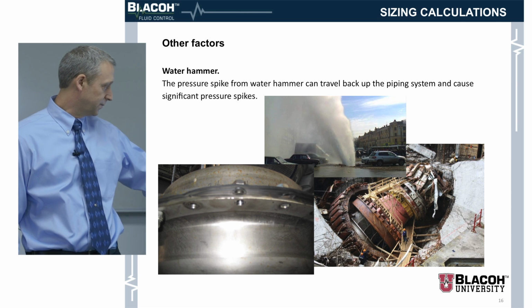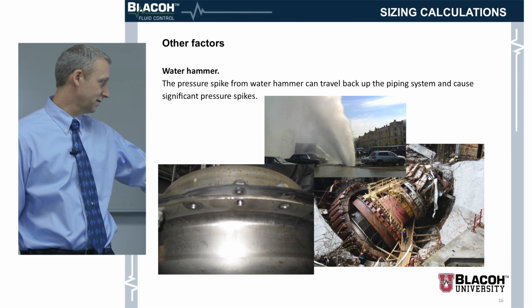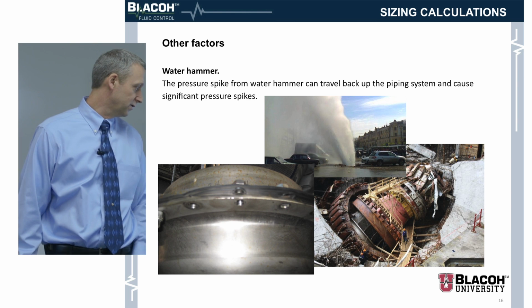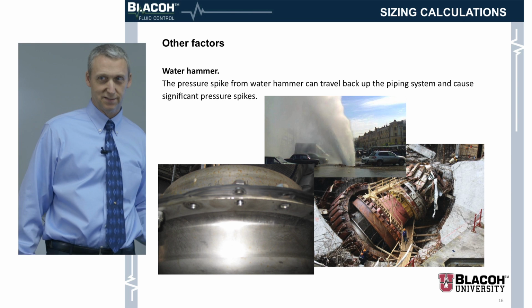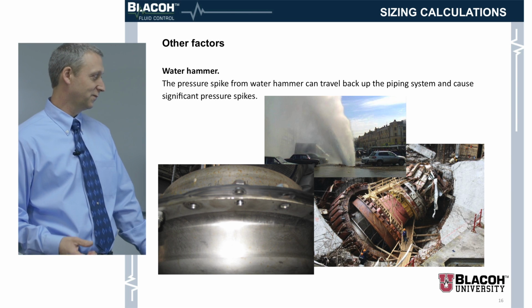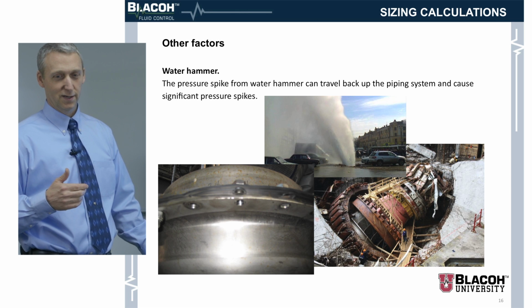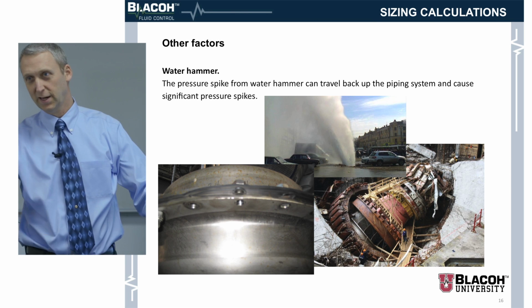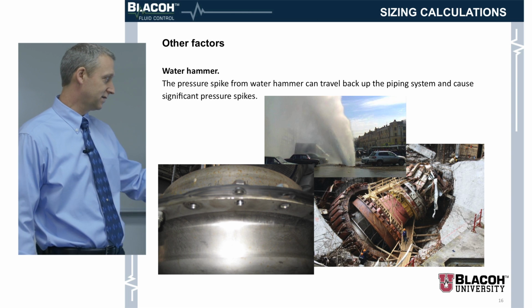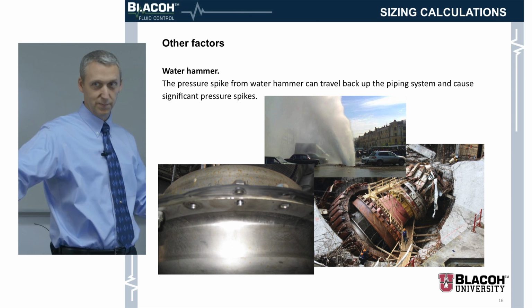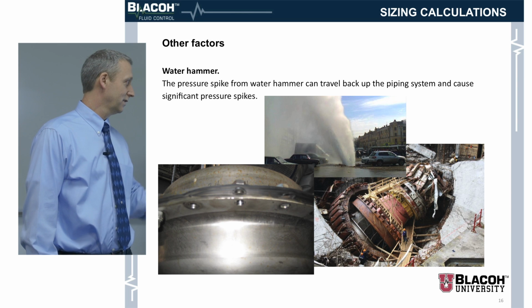This is a dampener that was installed in a system and busted the bolts. There's a water hammer spike coming from somewhere way down the system. People often forget that water hammer travels from a source and goes away from the source, and can go all the way back, in this case, all the way back to the pump.